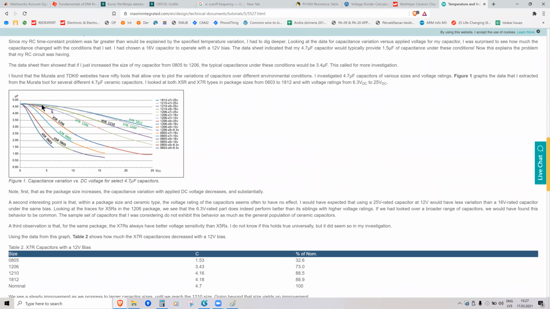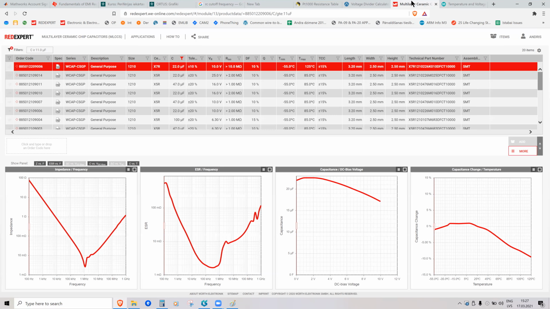Here it shows graphs of several capacitors, and the rule of thumb is larger size has less effect, but smaller size has a bigger, more noticeable effect of this DC biasing, capacitor crystal compression, and capacitance loss.